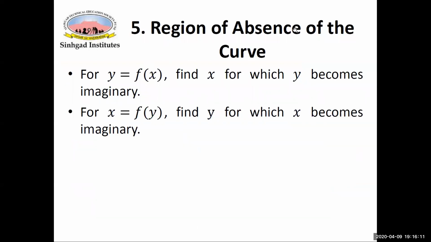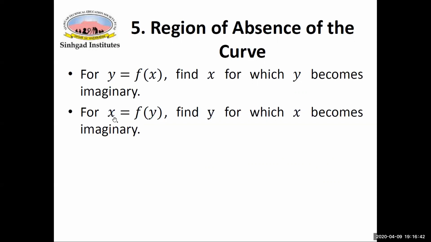Now, to trace the curve, we must determine in which parts of the plane my curve exists. That is, we have to get the partitions, between which lines, between which quadrants it is existing. For that, if your curve is y equal to f of x, then identify the values of x for which your y is imaginary, means y square is negative.